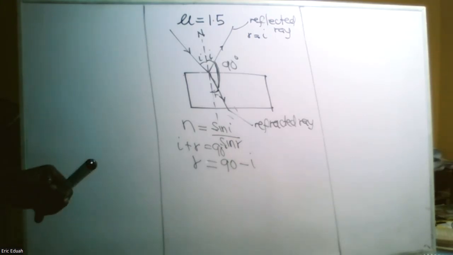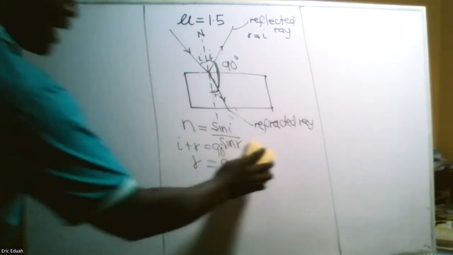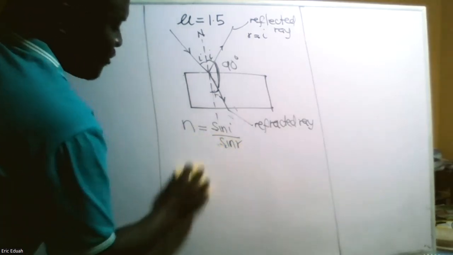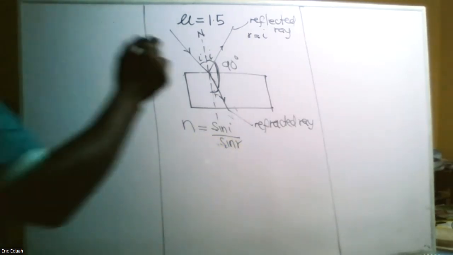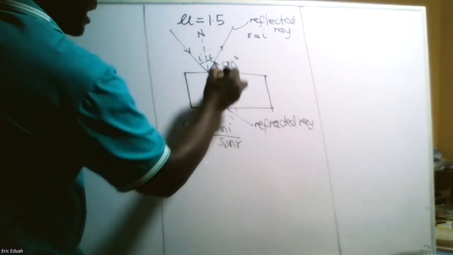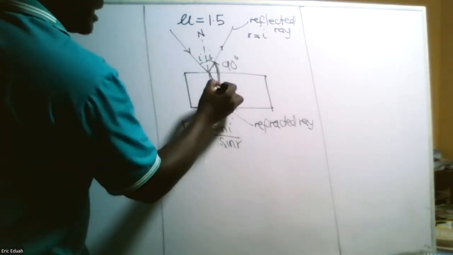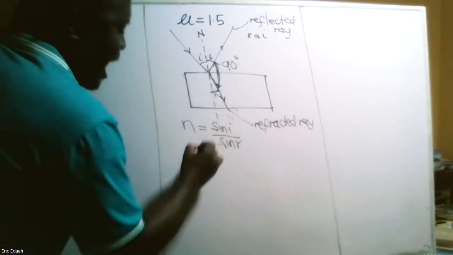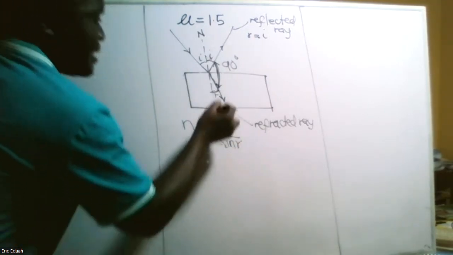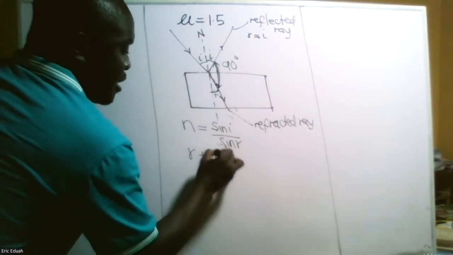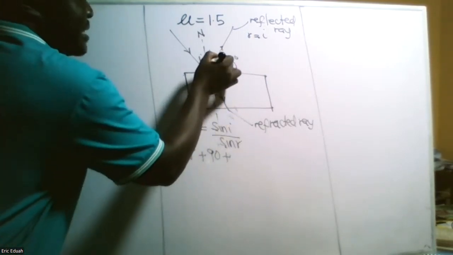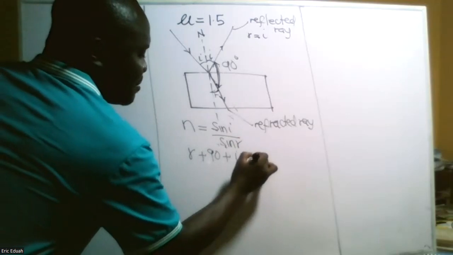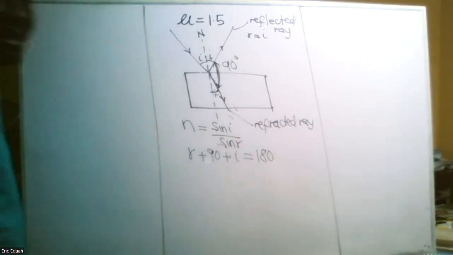You see, Akofala, we have the angle between the two, reflected and then the refracted, to be 90. Ideally, R plus 90 plus this I must be equal to 180.